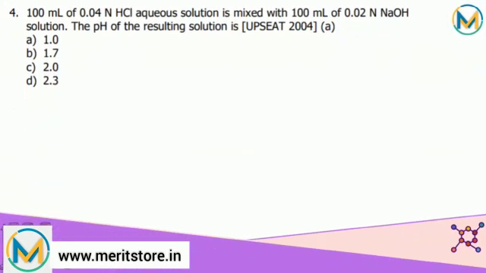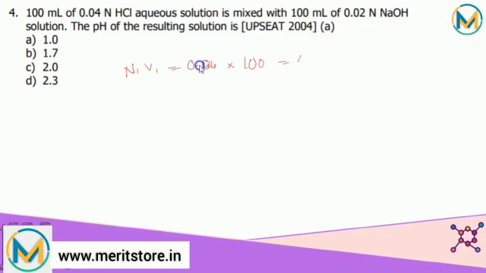Looking towards the next question. 100 ml of 0.04 normal HCl aqueous solution is mixed with 100 ml of 0.02 normal NaOH solution. The pH of the resulting solution is? So we know that N1V1 is equal to 0.04, which is given in the question as normality, into volume, that is 100 ml.